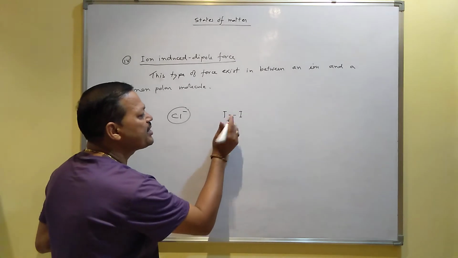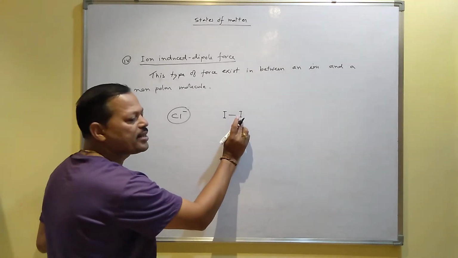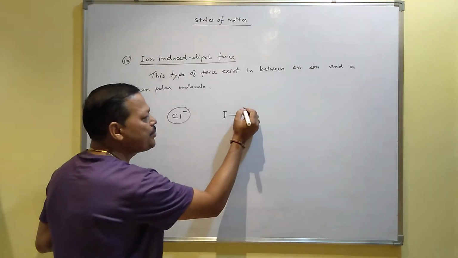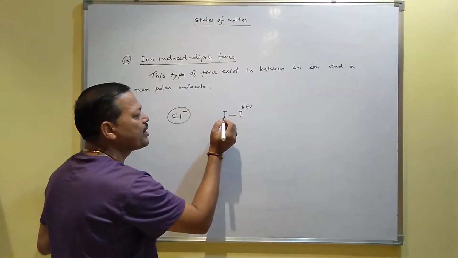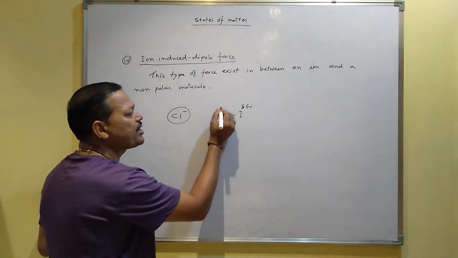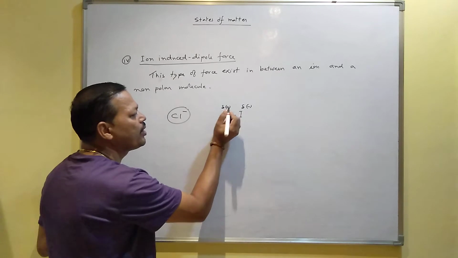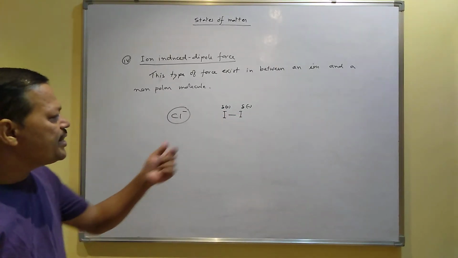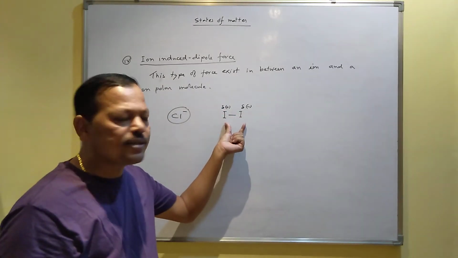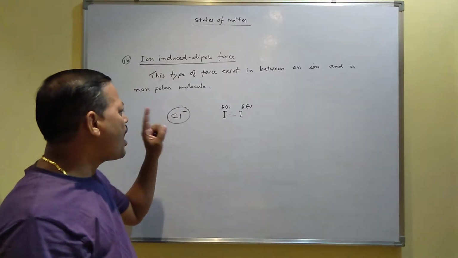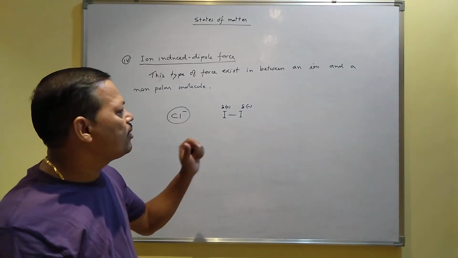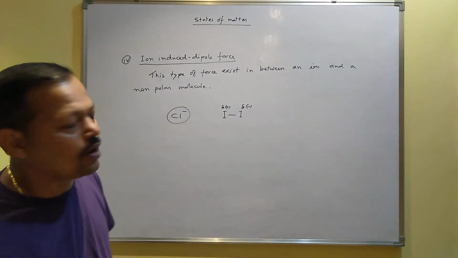That is why inside this iodine the electron density goes on increasing and ultimately it becomes delta minus, and inside this iodine the electron density goes on decreasing, and it becomes delta plus. See, initially the molecule is non-polar, but under the influence of this ion, the molecule becomes polar.